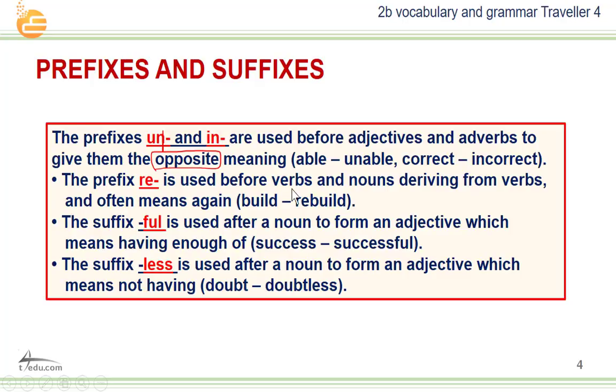Re before verb. Un, in before adjectives. Did you notice this? So un and in before adjectives. Re before verbs and nouns deriving from verbs. Full after a noun. And it forms an adjective.